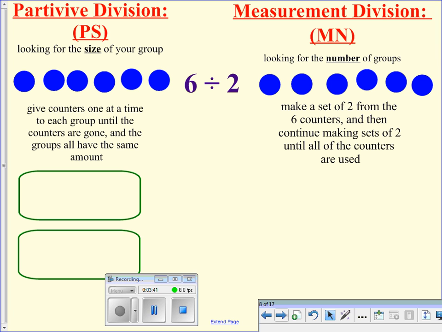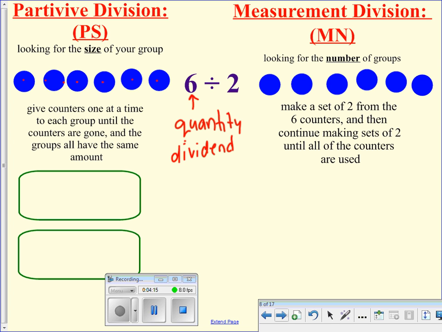The first type of division is partitive division. And we can think of it as P, S. When we do partitive division, we're looking for the size of your group. Okay? So if it's 6 divided by 2, so I have 2 groups. So 6, that's my quantity. That's my dividend. Okay, so I have 6 items.